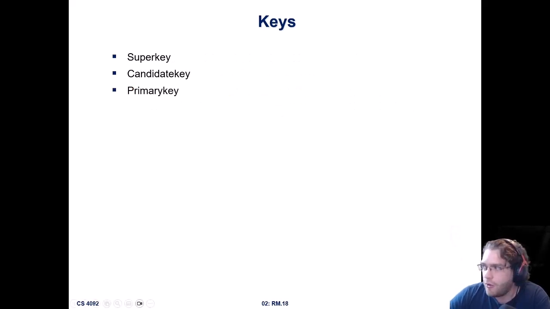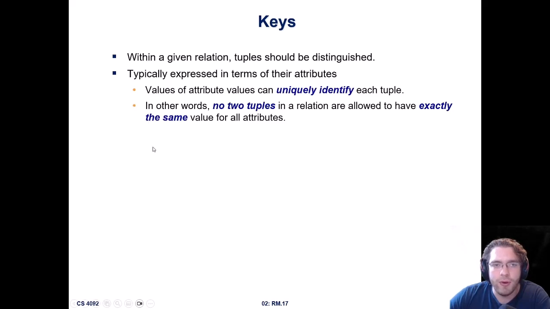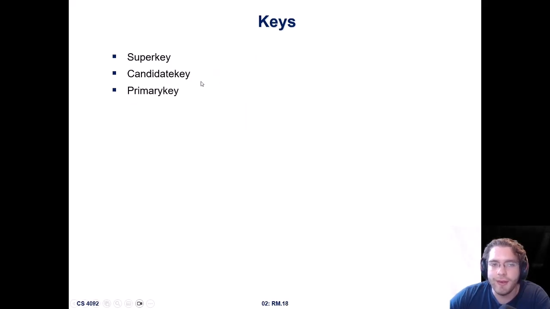A candidate key is a bit more unique, where it's going to be able to uniquely identify a person if it's minimal. So if we have the least amount of columns to uniquely identify a row inside of our relation, but if any of those columns are removed, then it no longer becomes a unique identifier.